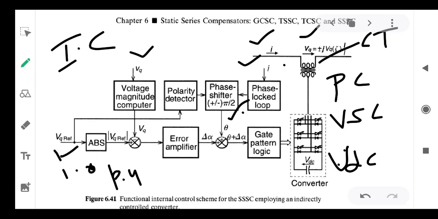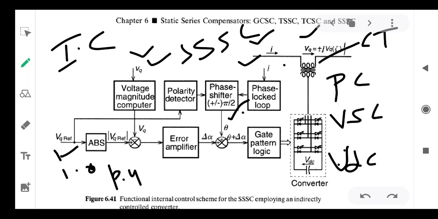The second one, VQ, the actual voltage, is taken here from the SSC. From VQ, you can get the voltage magnitude computer, from which you will get the magnitude of the VQ value, the actual value.